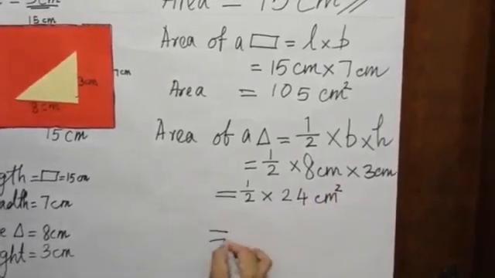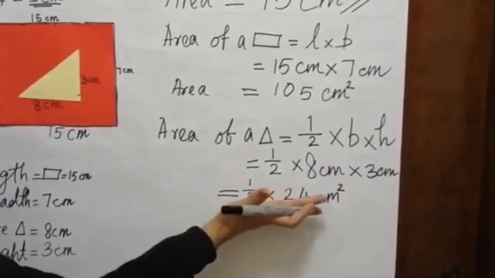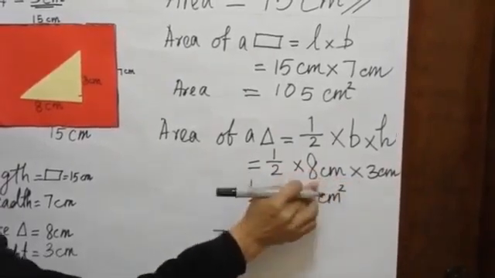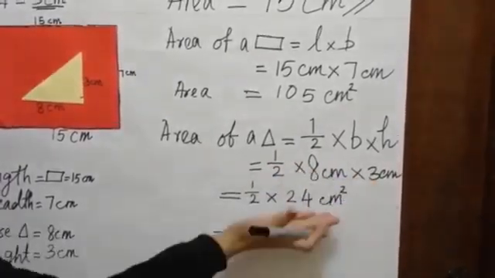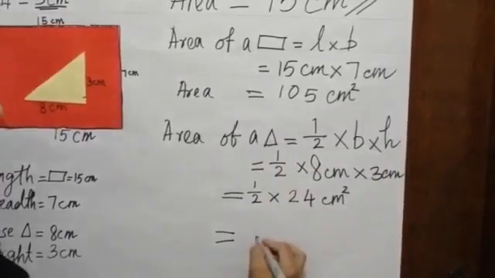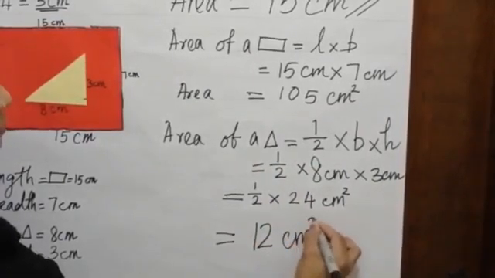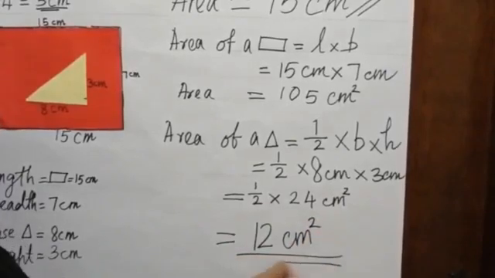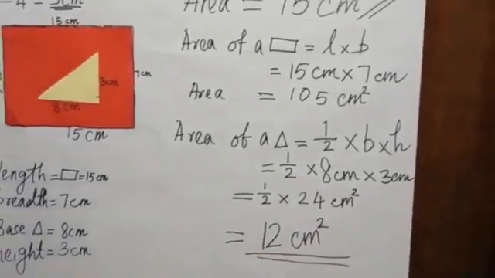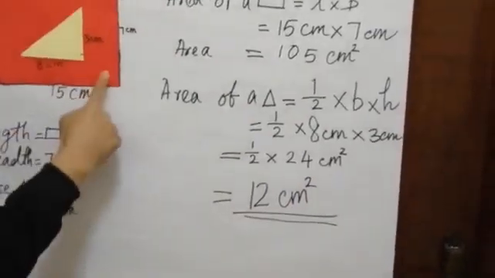Half of 24 is equal to 12 centimeter square.